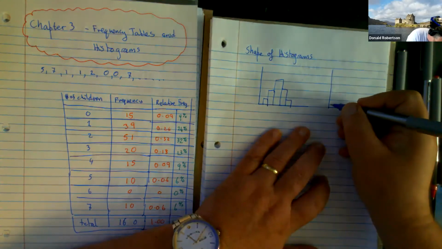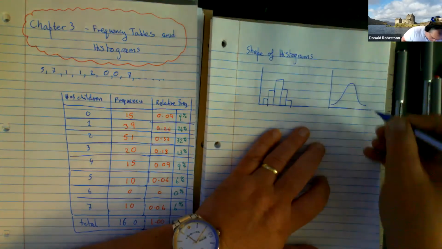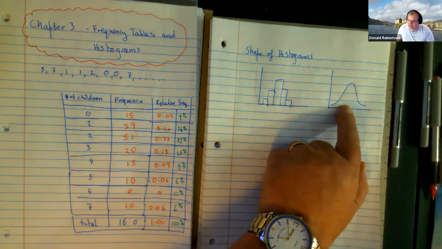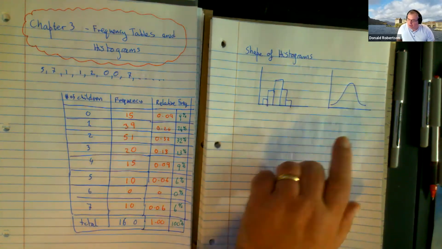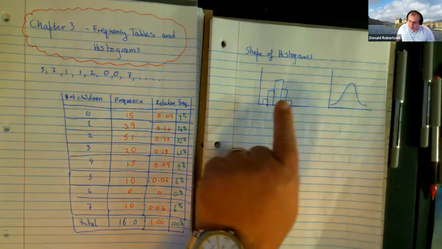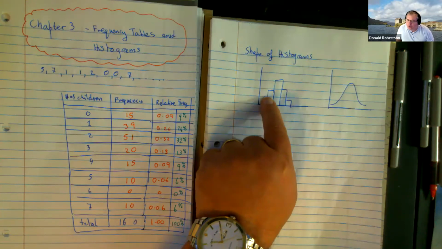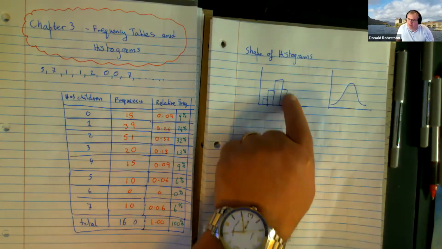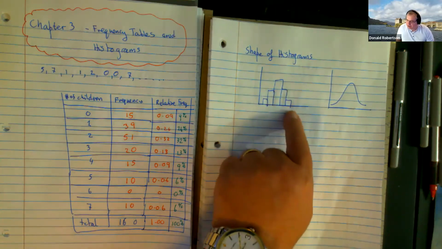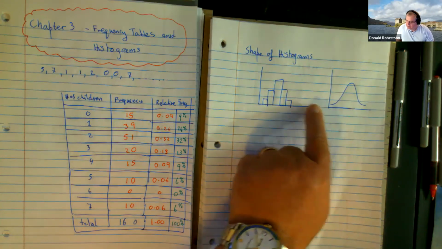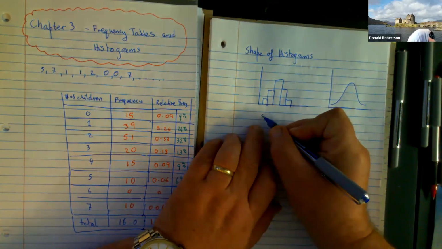So if I just draw that, can you imagine that's just a short version of this shape, right? So we're really interested in what the shape of a histogram is. Now, one of the common shapes you get is, do you see this single hill, nice symmetric shape? This guy. We call this symmetric.